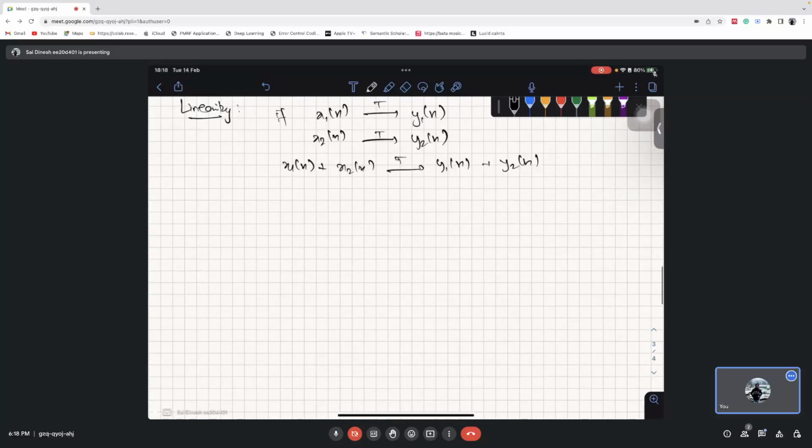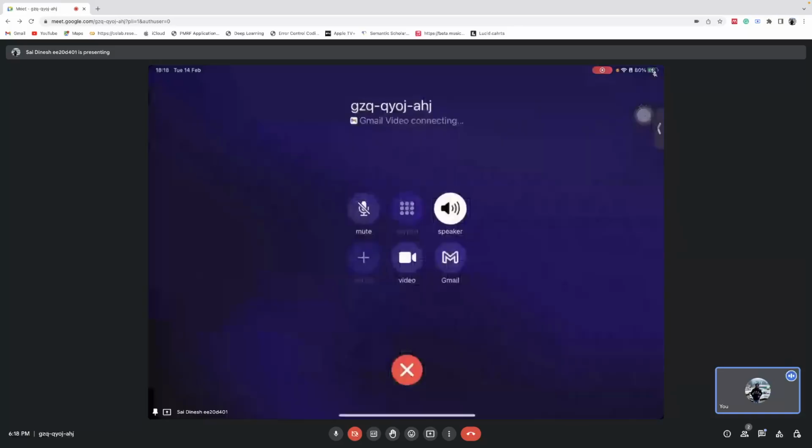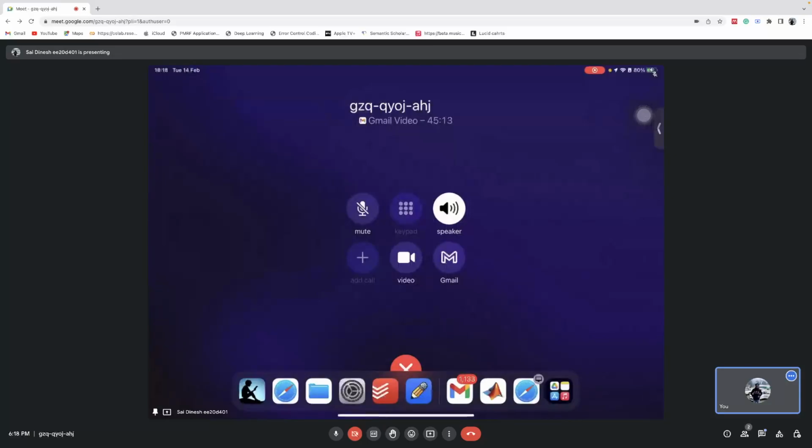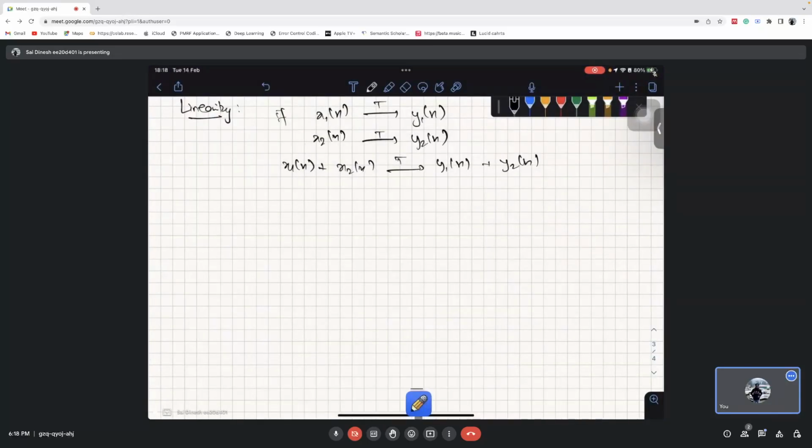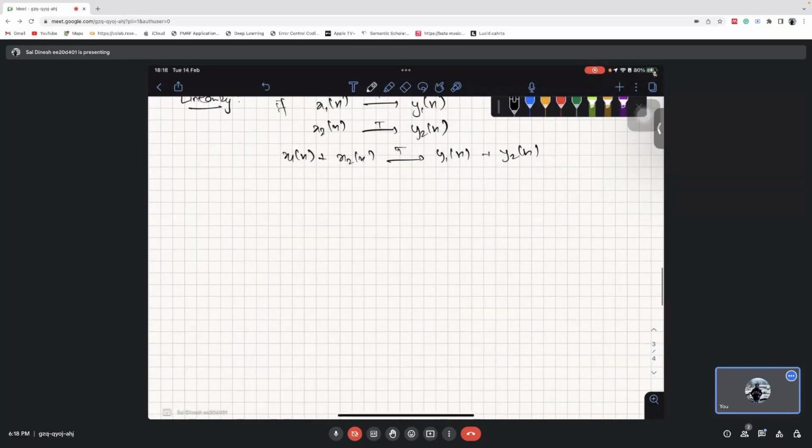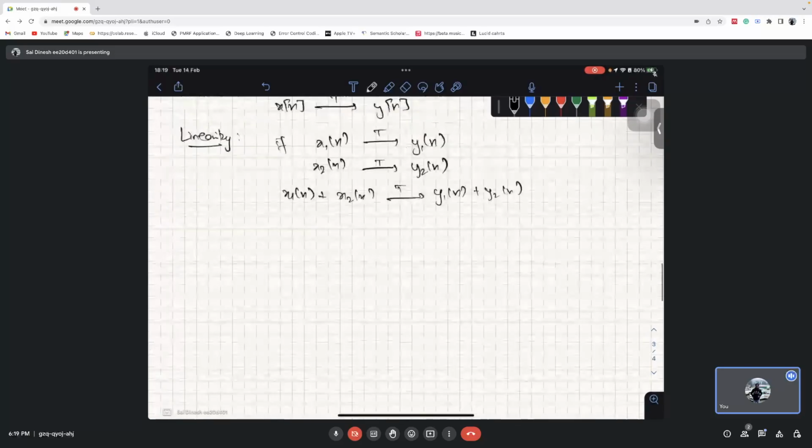If this is satisfied for all signals, this is known as the linearity.